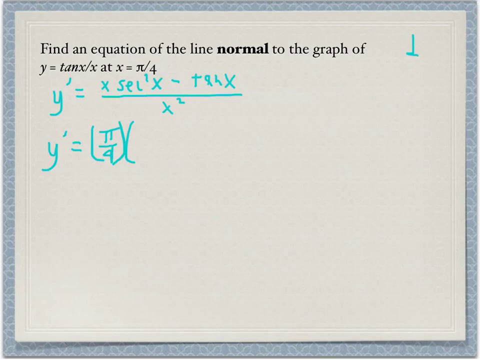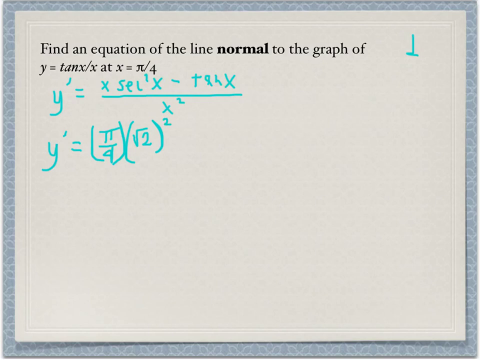Well, secant is 1 over cosine. You might recall that pi over 4 is 45 degrees. Cosine of 45 degrees is the square root of 2 over 2. But then 1 over that, the reciprocal of the square root of 2 over 2, will end up to be just plain the square root of 2.